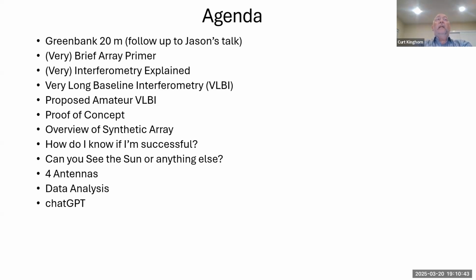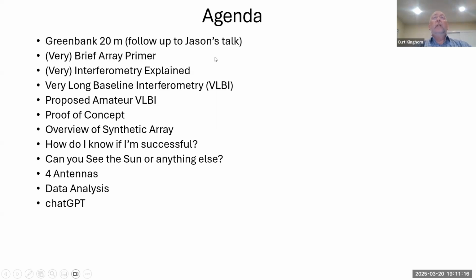Then I'll briefly remind us what the proposed very long baseline interferometer is, and the proof of concept of that, which was the experimental basis for this presentation. Then I'm going to talk about how you know if you're actually successful at finding something. Can you see the sun? As I said, it'll be some data analysis, and we'll talk about some ChatGPT stuff as well.